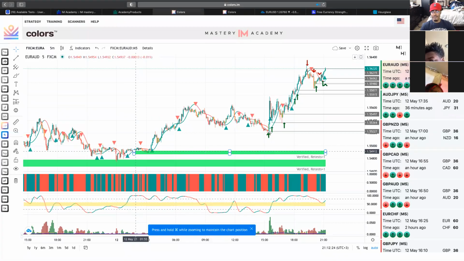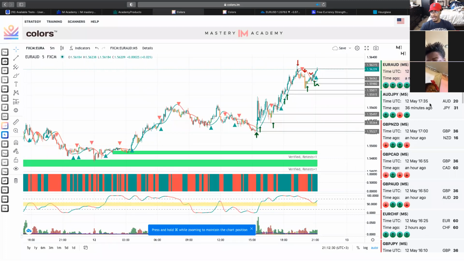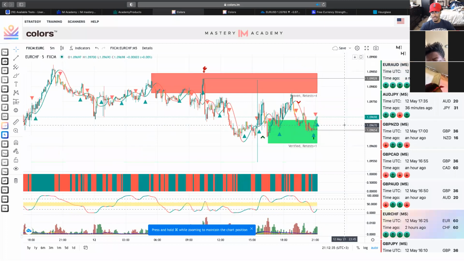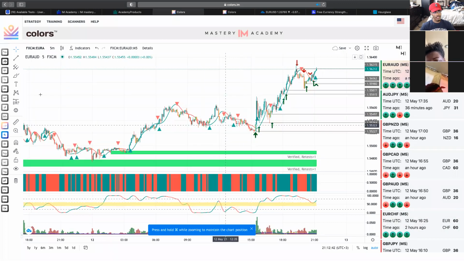Second step: has it printed me one of these green boxes? Now, for my more advanced traders, you might not need it to print this green box, because this green box is nothing but support, and this red box is nothing but resistance. For some of my more advanced traders, you might not necessarily need the green box to see that.